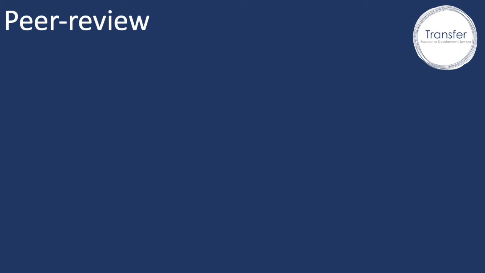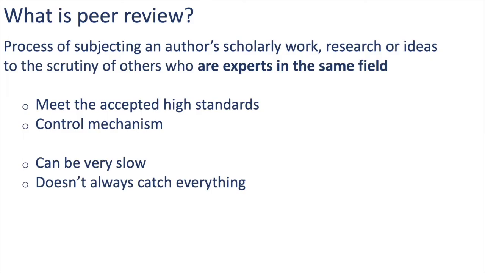So what is peer review? In a nutshell, peer review exists to subject an author's scholarly work, research or ideas to the scrutiny of others who are experts in the same field. Within the publishing sector, this is normally done to make sure that the work meets the accepted high standards and is a control mechanism.